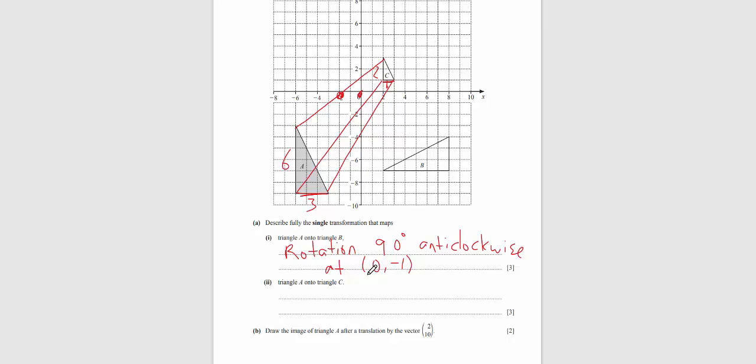The final length you get is 2 for this one, the original one is 6. So there's a scale factor of 2/6, which is 1/3. So you can say the type of the transformation is enlargement with scale factor of 1/3.